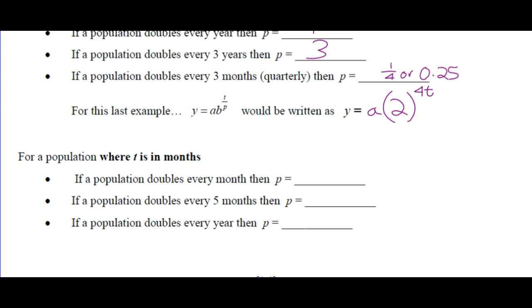For a population where t is in months, if a population doubles every month, then p is equal to 1. If it doubles every 5 months, then p is equal to 5. If it doubles every year, that's 12 months and p is equal to 12, right?